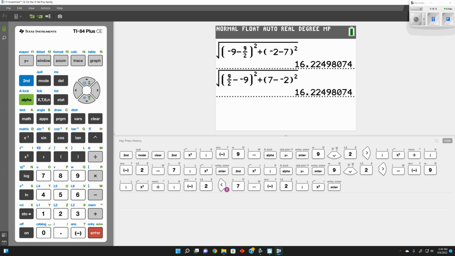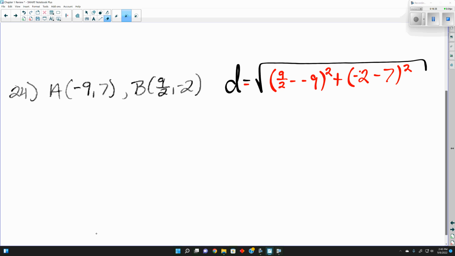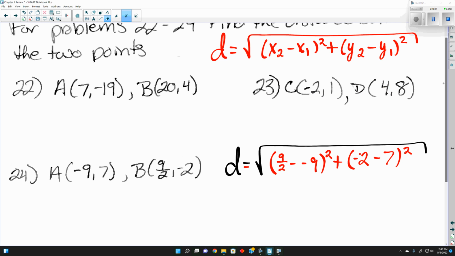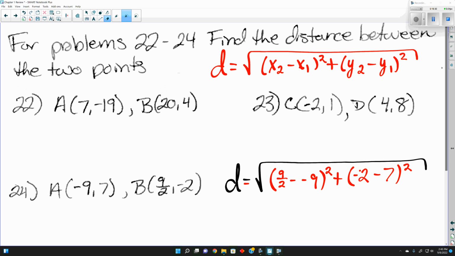But the calculator doesn't care. So if the negative is something you feel will trip you up, type it in just as you see it. You don't have to change a thing. Any questions on this with the distance formula? I would make sure you do have the distance formula written down.